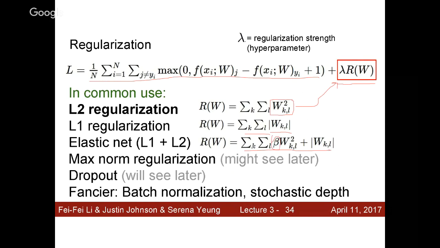This is quite common in recent years, and there are other things like that. You'll see dropout later when we go to neural network training. Basically, all of these different ways illustrated on this slide are ways to try to enforce that the model is simple, with the hope that with a simpler model, it will generalize better on unseen data. That's all.